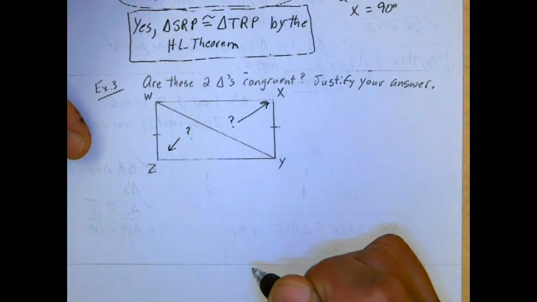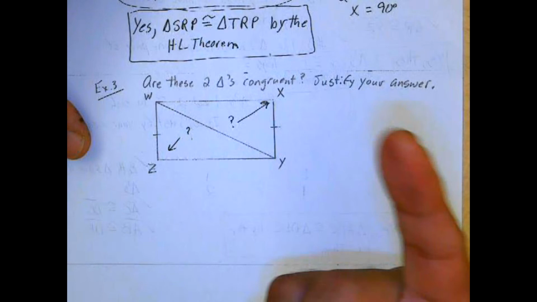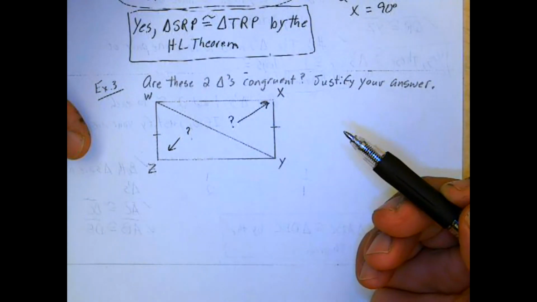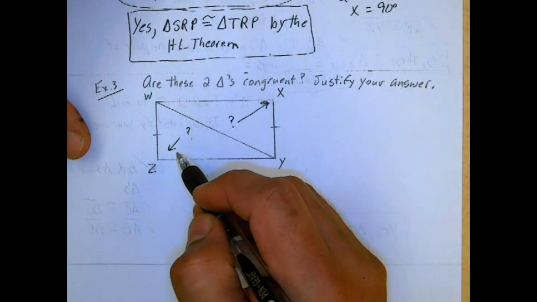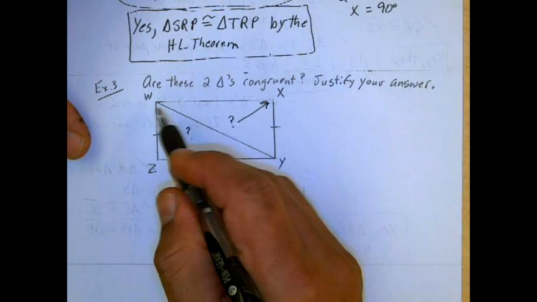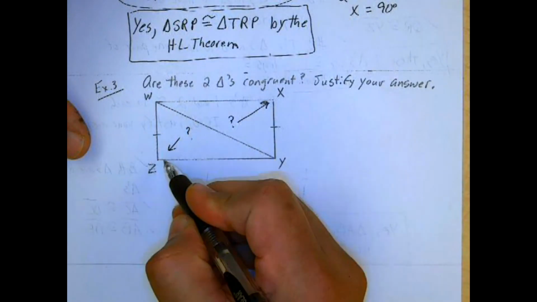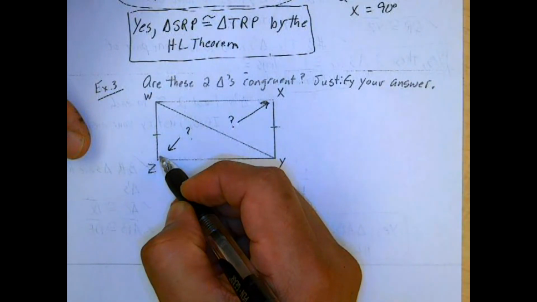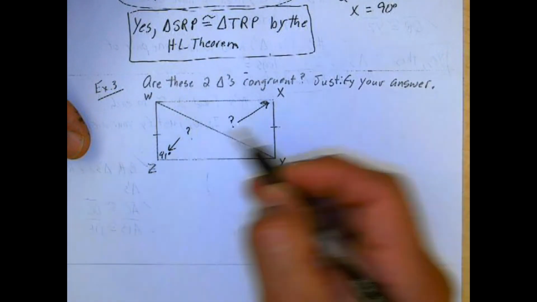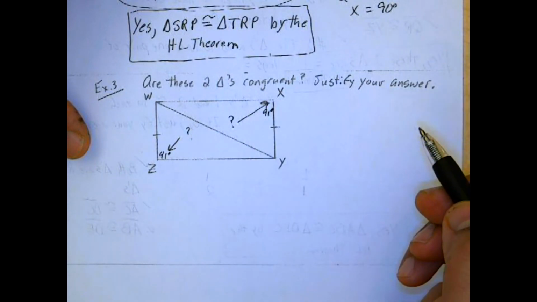And there's nothing in the diagram that shows us that both of these angles are either congruent or 90 degrees. So basically what happens is it might look like a rectangle, but when I measured this box, it's actually a quadrilateral, it's not a rectangle. These are 91 degrees. I measured this to be 91 degrees, and I measured this one to be 91 degrees. So basically, it's not a right triangle.